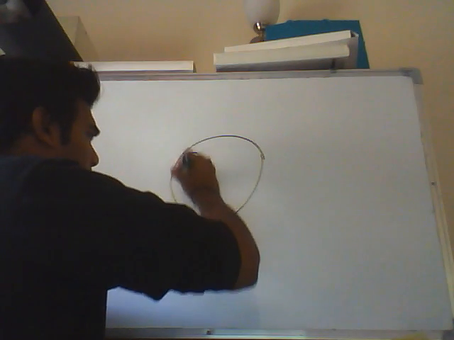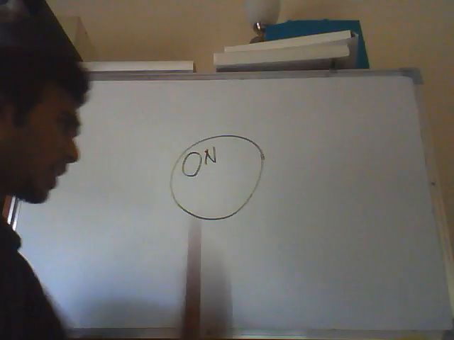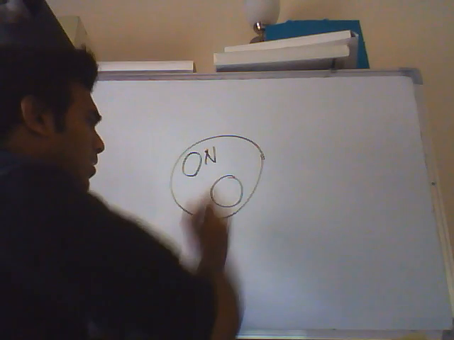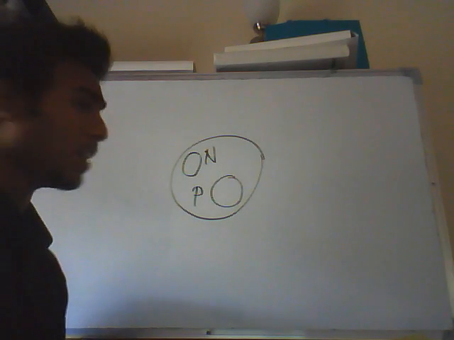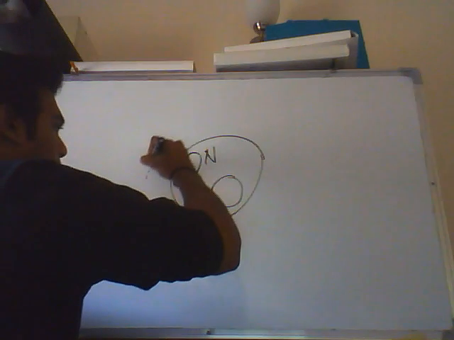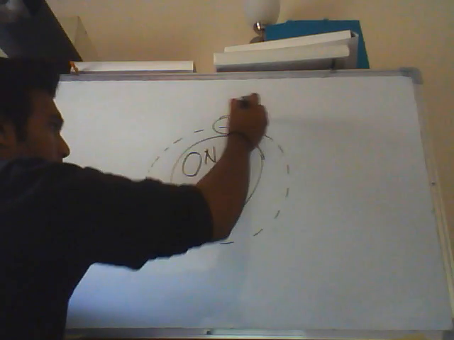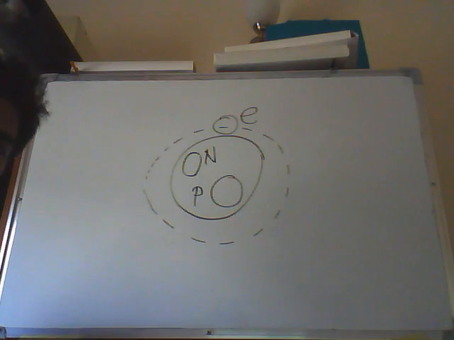You have a particle called a neutron, which I'm symbolizing as N. You have a particle called a proton, which I'm symbolizing as P. And outside this big ball, you have a tiny little particle called an electron, which is E.